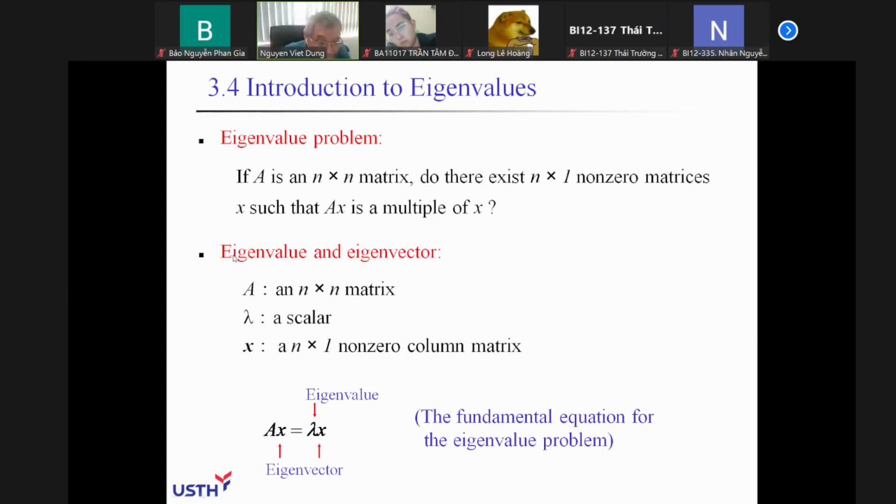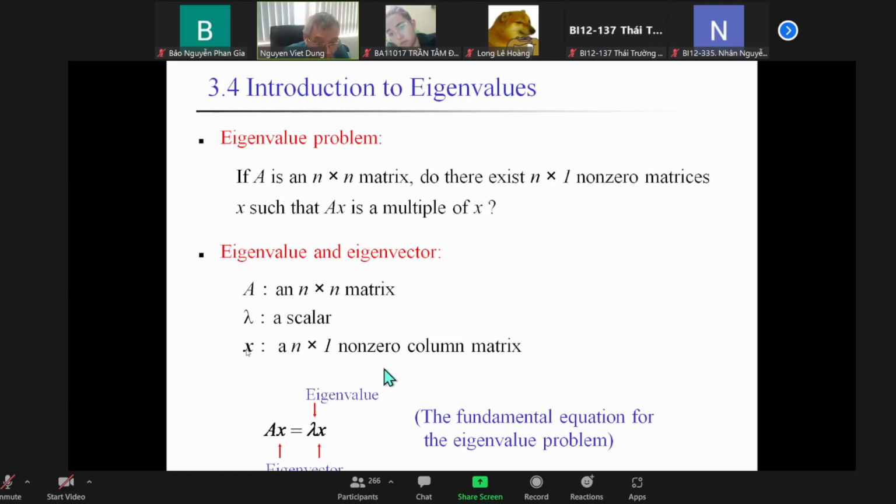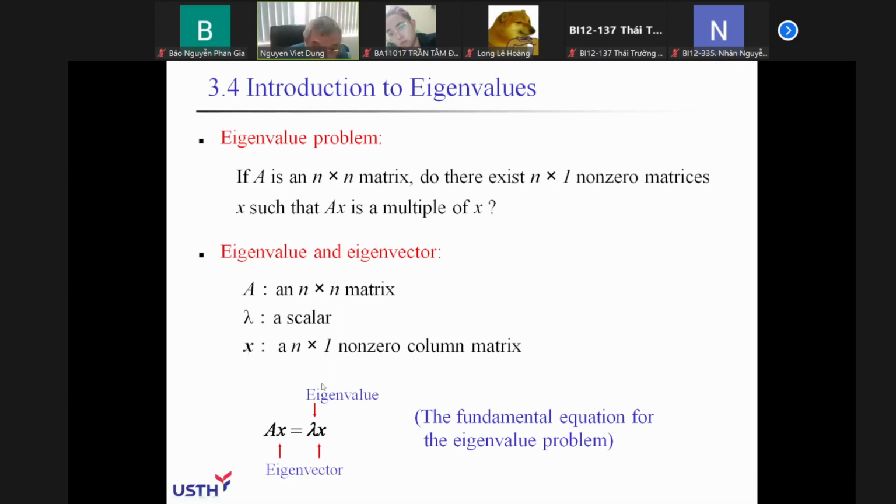Suppose that A is a square matrix n by n. Suppose that we can find a number lambda, which we call a scalar. Suppose that we can find a non-zero column matrix X. And suppose that these three things, A, lambda, and X, satisfy the equation Ax equals lambda x.